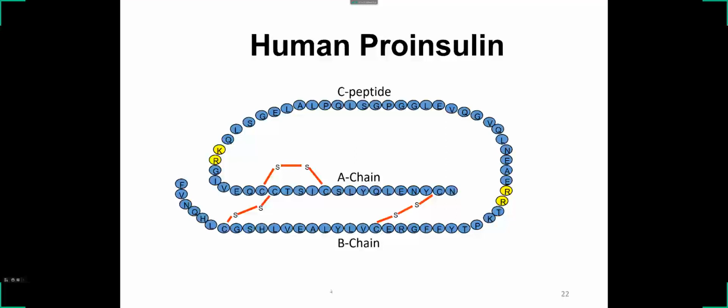And the A chain is made last, even though the final peptide hormone is made up only of A and B, not of C. So it's all about the folding to get the correct orientation and the correct disulfide formation, to allow folding of the final insulin. And in this case, this is proinsulin, right? Because we still have the C peptide attached.